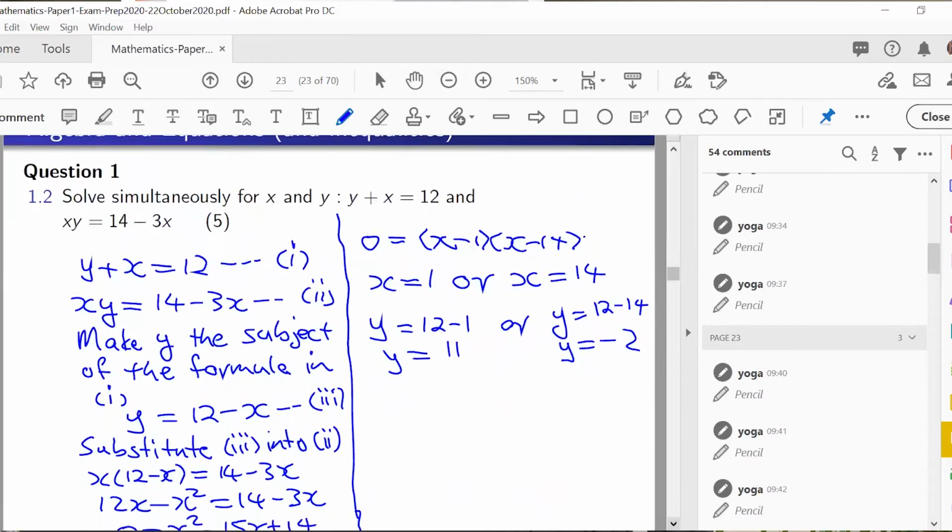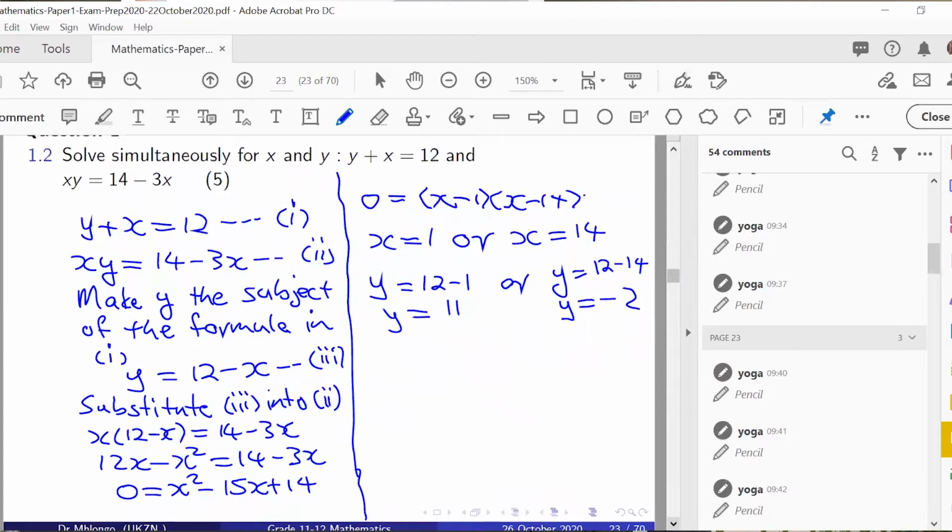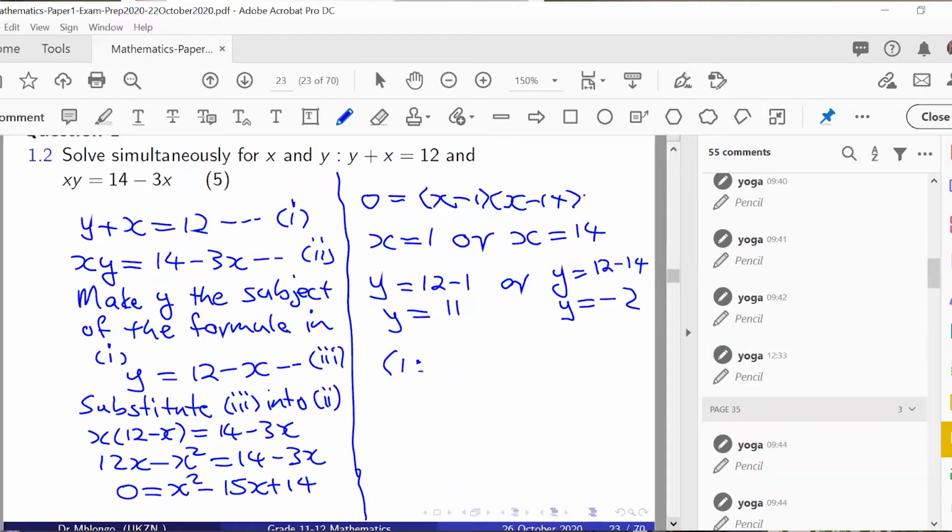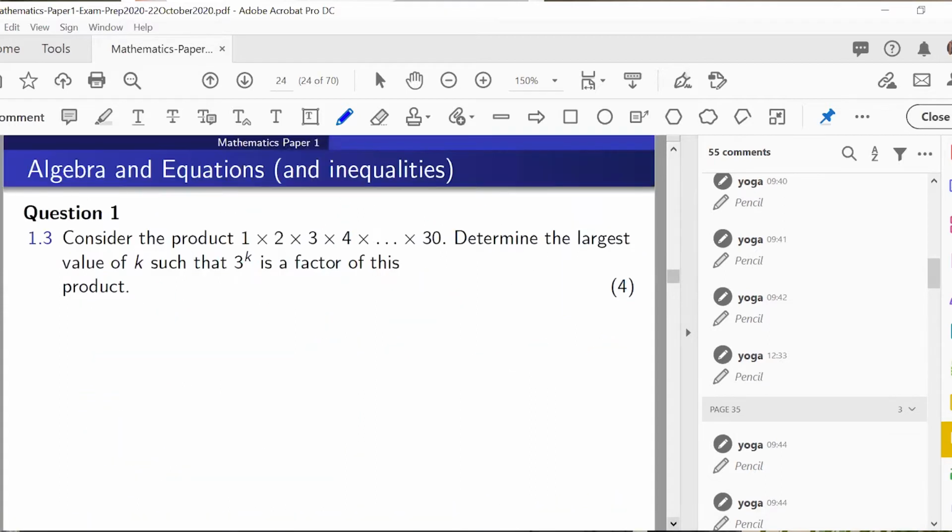And then the simultaneous equation, whose solutions we obtained last time, and the ordered pairs, by the look of things, were just (1, 11) and (14, -2). Okay, again, this question was done.